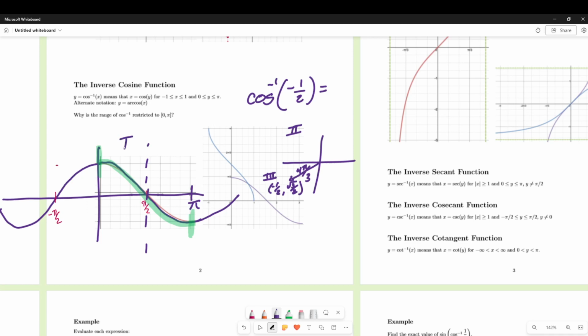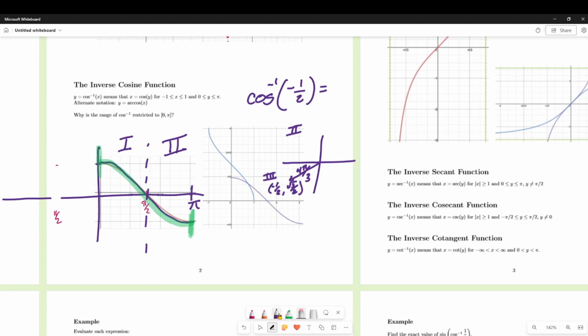We've got to be in the first rotation, quadrant 1 and quadrant 2, for our angles for cosine. So while it's true that the cosine of 4 pi over 3 is negative 1/2, the inverse function doesn't know that angle exists. The inverse function only understands, or only can output, angles between 0 and pi.